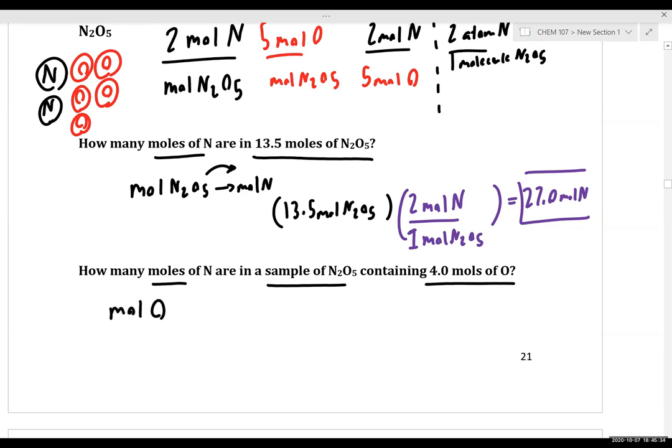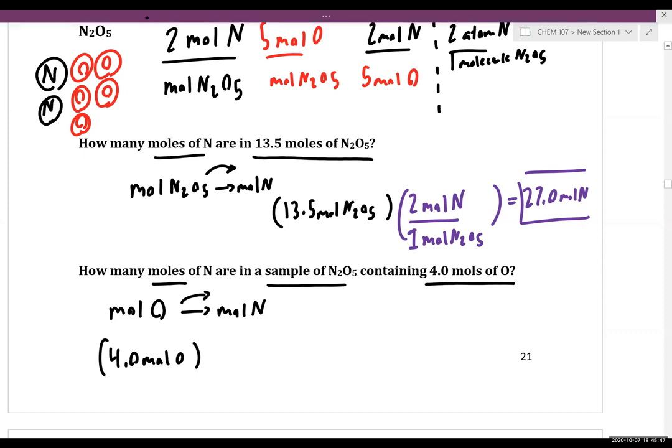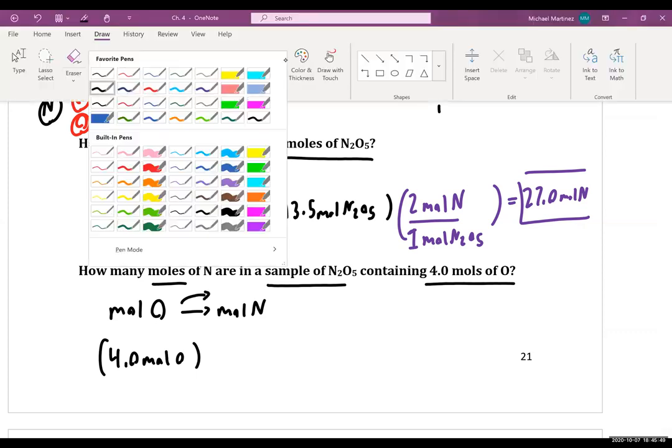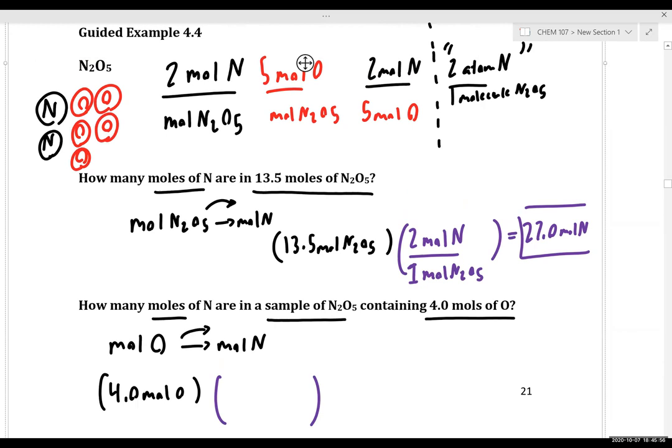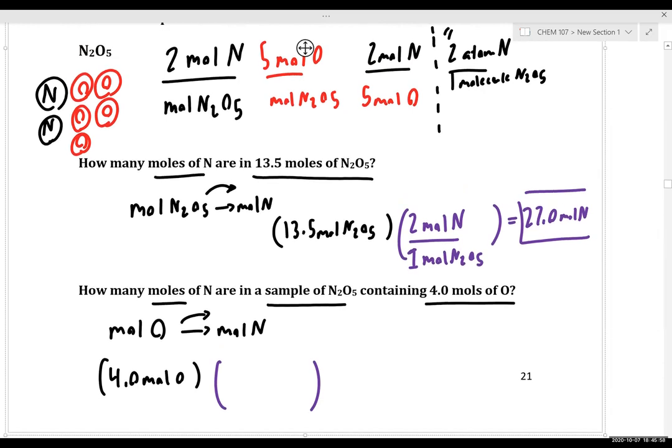So in this case, we're asked to go from moles of oxygen to moles of nitrogen. So given that we have 4.0 moles of oxygen, if we're going from moles of oxygen to moles of nitrogen, what unit needs to be on top? Nitrogen. Yep, exactly right. And moles of oxygen needs to be on the bottom.